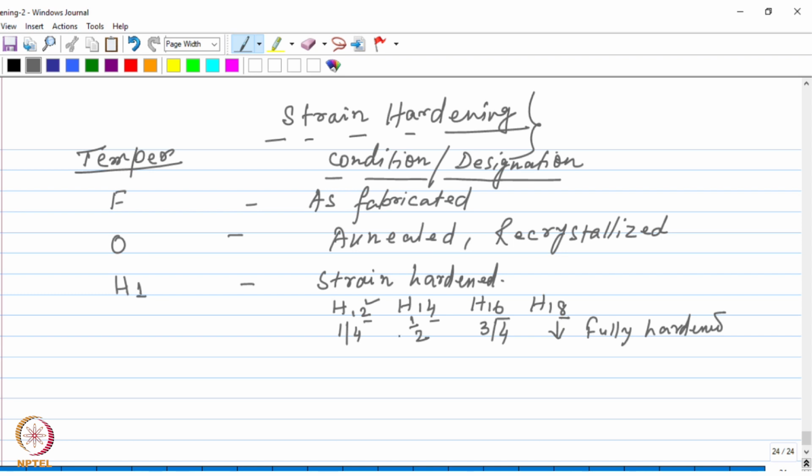Okay, and if you find beyond 8, that means if you have a temper like this, H19, that means this is extra hardened.